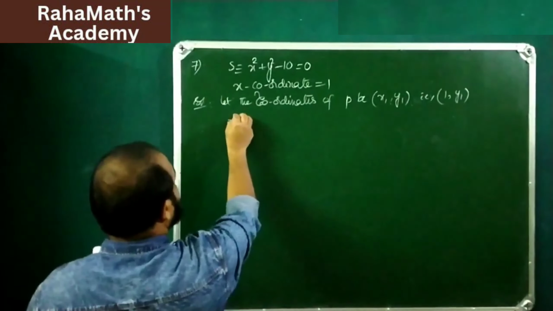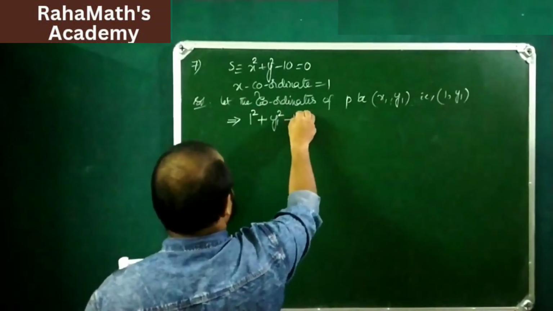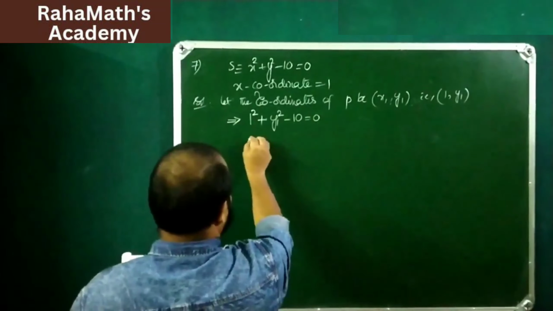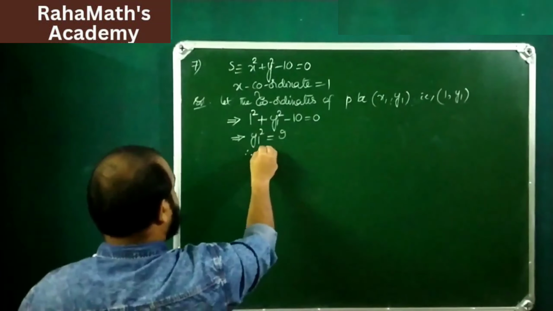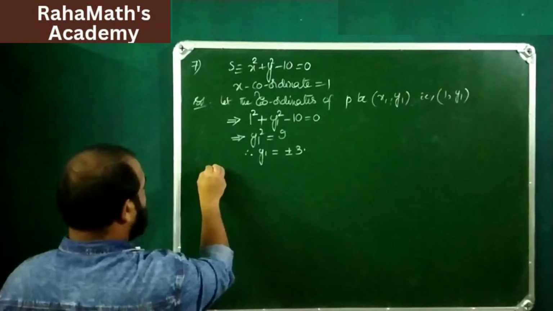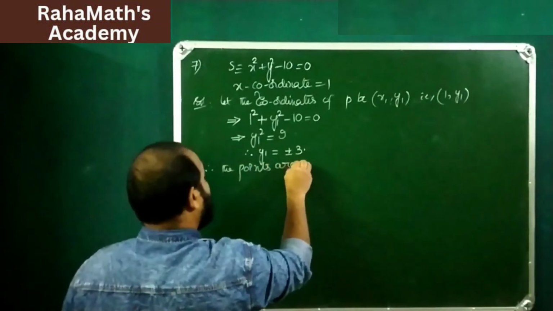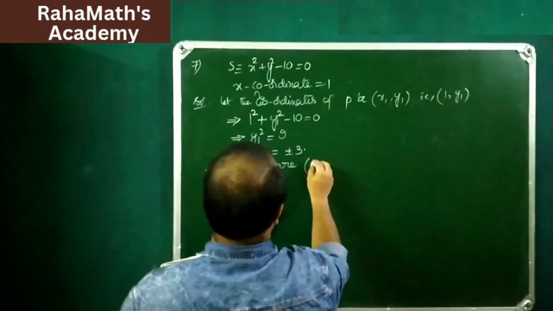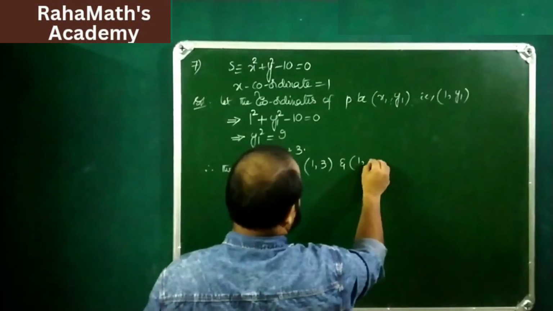So implies 1 square plus y1 square minus 10 equals 0. 1 minus 10 is minus 9, implies y1 square is equal to 9. Therefore, y1 is equal to plus or minus 3. Therefore, the points (x1, y1) are (1, 3) and (1, minus 3).